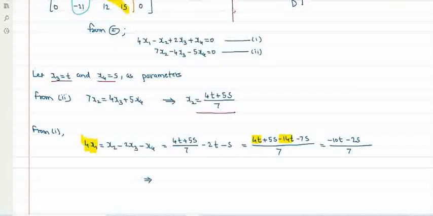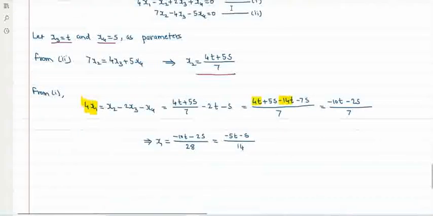Therefore, x1 is equal to minus 10t minus 2s divided by 28. Further, you can take 2 as common and cancel it. That becomes minus 5t minus s divided by 14. That is the solution.